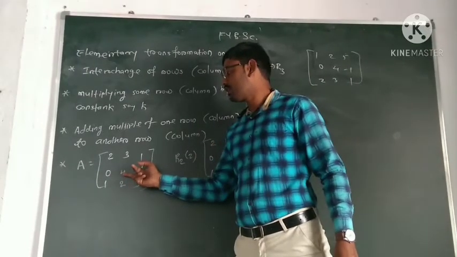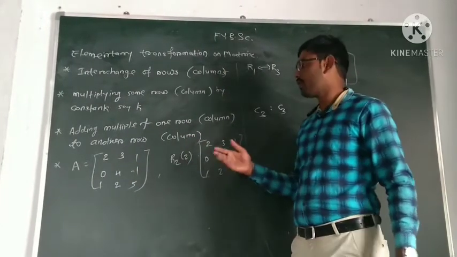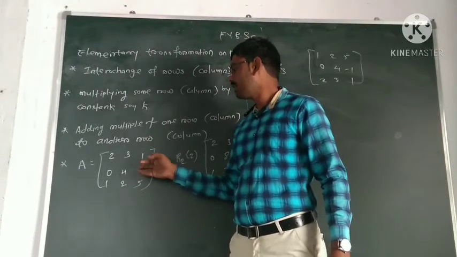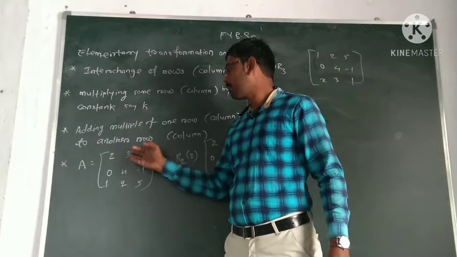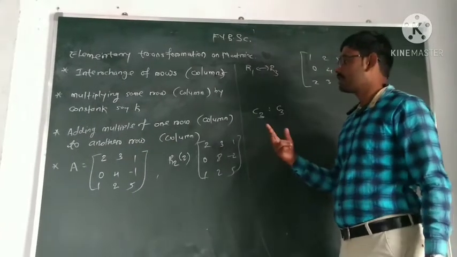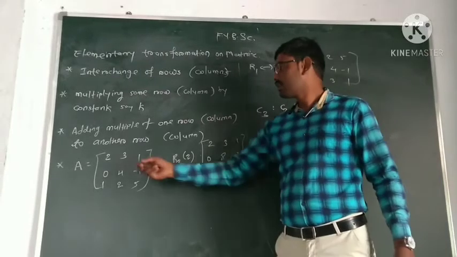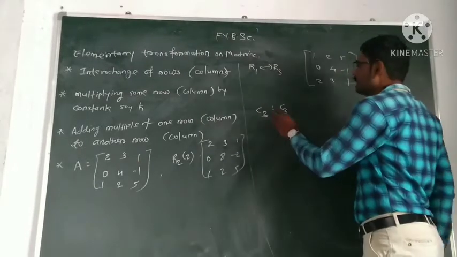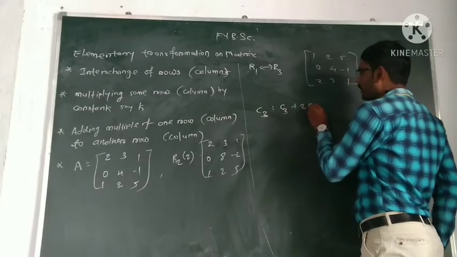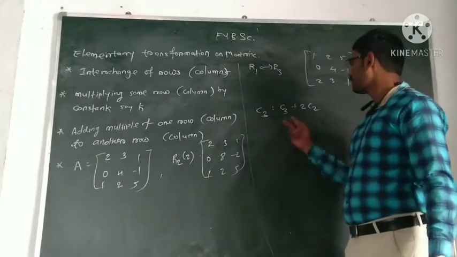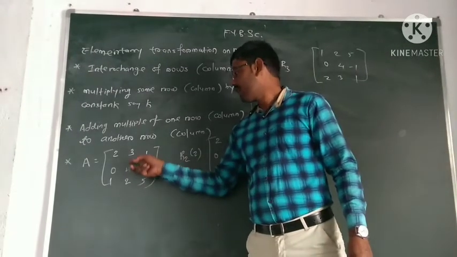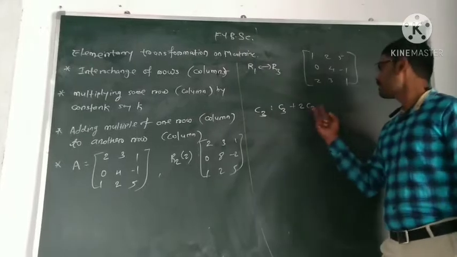So C3 changes to C3 plus 2 times C2. This is the elementary operation. In the third column, we are adding 2 times the second column, 2 times C2.